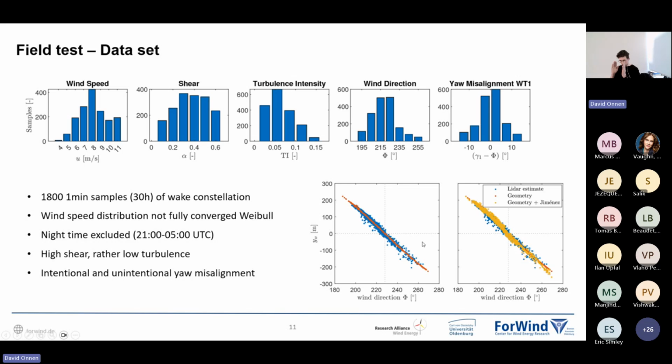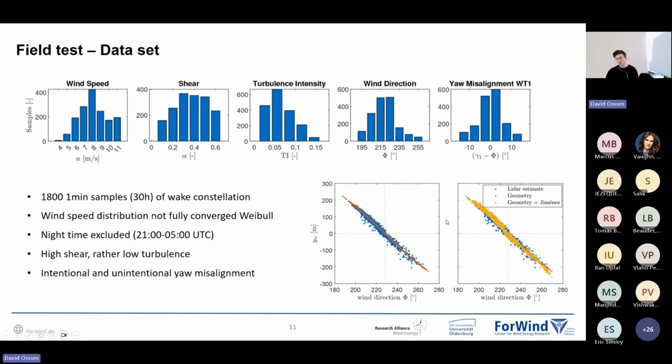So if you would assume the wake to just propagate in parallel to the wind speed, you would see this very idealized assumption of where the wake would be. But we see that when we probe it from the LiDAR, we get a lot more variance. So the assumption of the wake just propagating downstream is not fulfilled. We see more variance around.